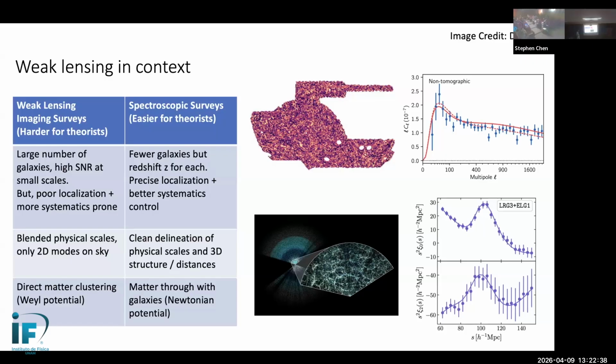Whereas with galaxy clustering measurements, we always have to translate between galaxy clustering and matter clustering with a more complicated theoretical model. So there are pros and cons to both, but what I want to convey in this talk is how we can make progress in this column, going through two-dimensional weak lensing.